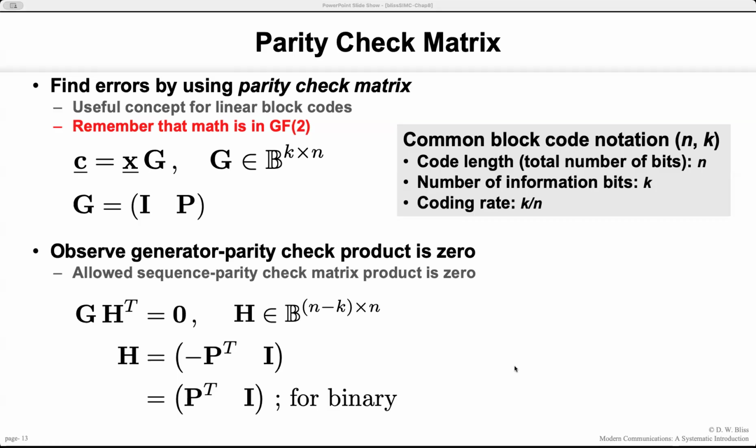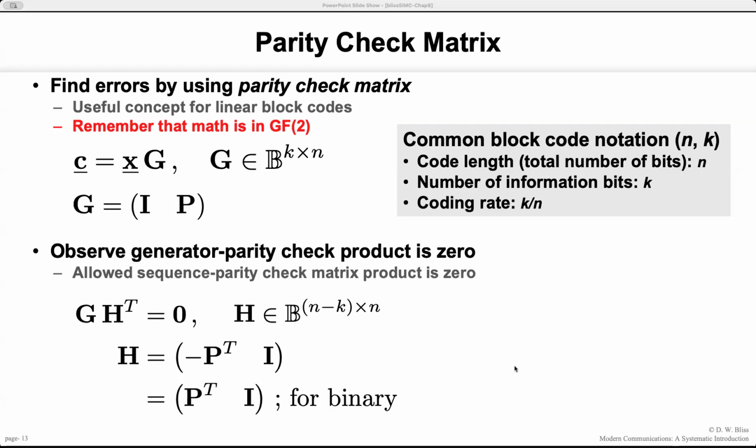So if we think back to the decomposed form of the generator matrix, where there's an identity matrix and then a parity generating portion of the generator matrix, that times some matrix has to be the all zero matrix. It turns out if we say H is negative P transpose times I, and remember we're going to take H and do the transpose, that's going to be negative P over I. Well, I times negative P plus P times I is going to be negative P plus P, all zeros.